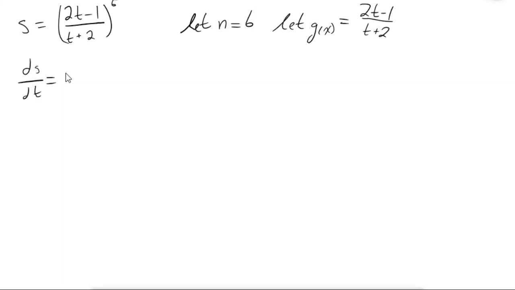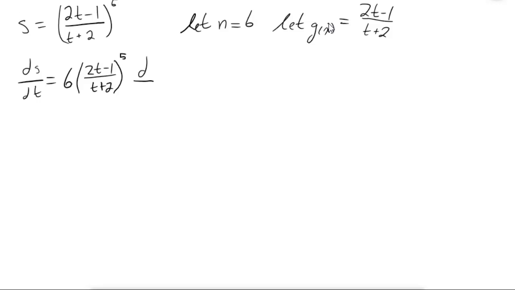So we have the derivative of s with respect to t is equal to n, which is 6, multiplied by g, which is 2t minus 1 over t plus 2, all to the power of n minus 1, or 5, multiplied by the derivative of g.